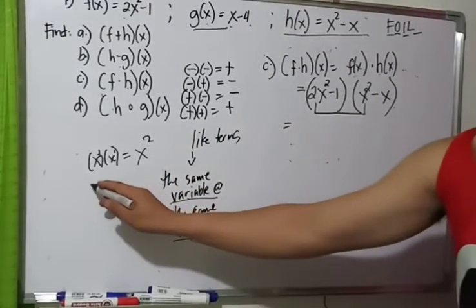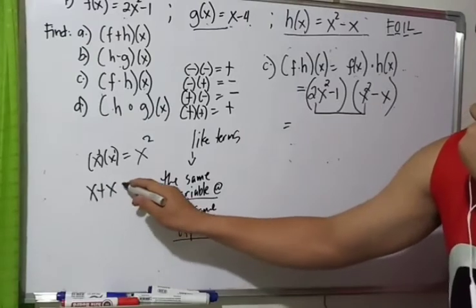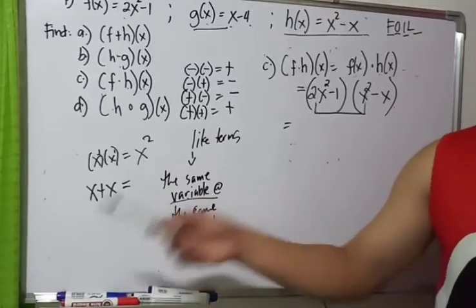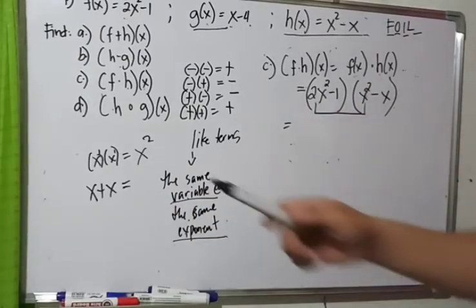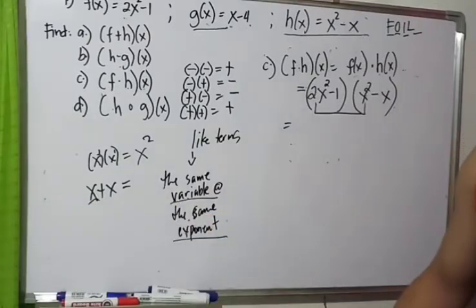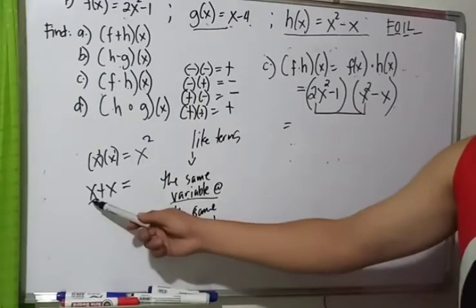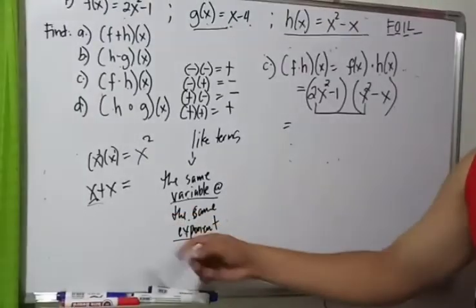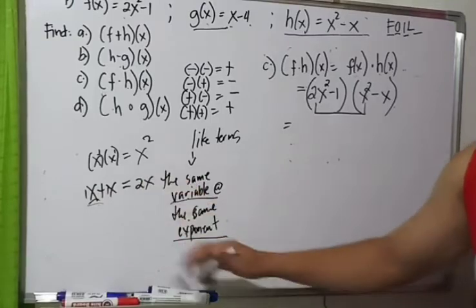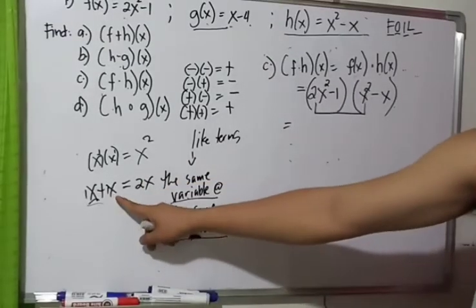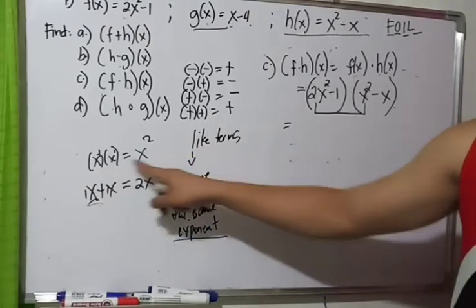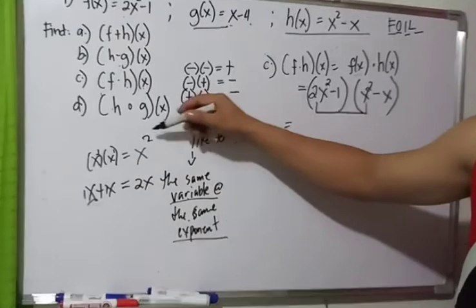How about, iba yung x plus x equals. So sa addition, i-add natin yung numerical coefficient and kopyahin lang natin yung variable and exponent. So make sure dapat like terms yung ina-add natin. So that is 1 plus 1, so that is 2x. Ito yung pagkakaiba ng addition and multiplication. So when you multiply variable, you need to add the exponent, so magiging 2.